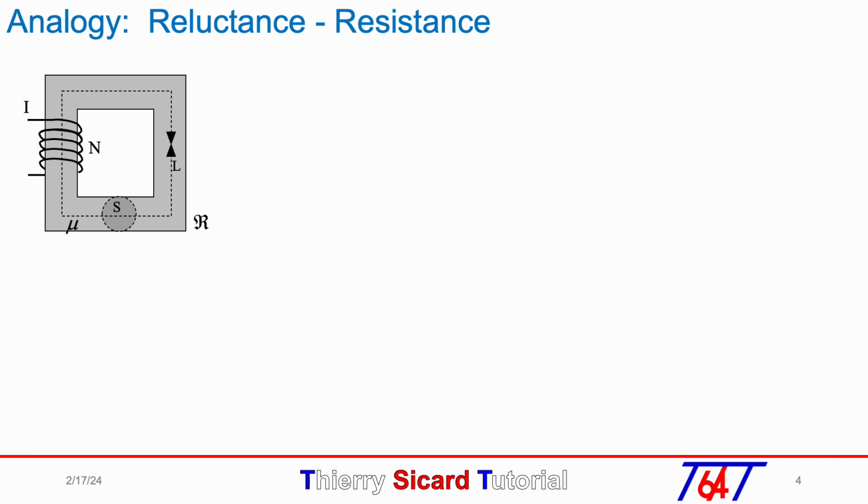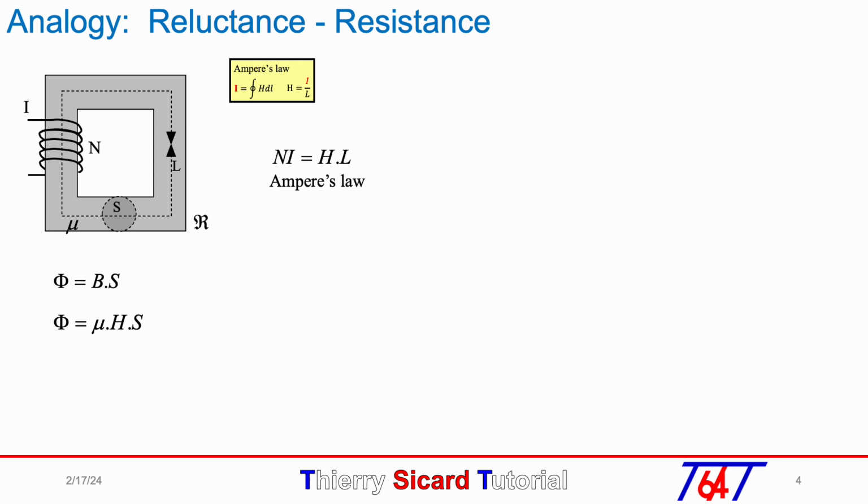The magnetic flux phi equals BS and B equals mu H. With a magnetic circuit, Ampere's law is much easier to use to calculate H. We count how many currents cross the blue area determined by the circulation of the H vector. So H equals N I over L.